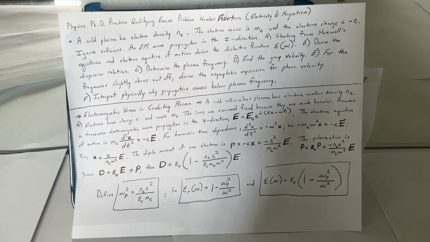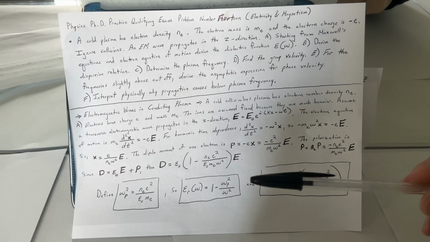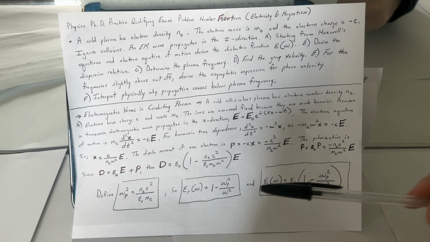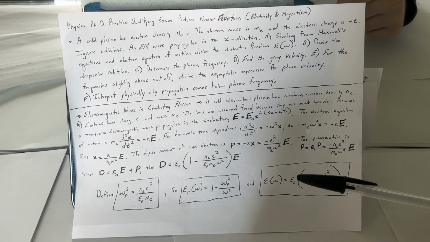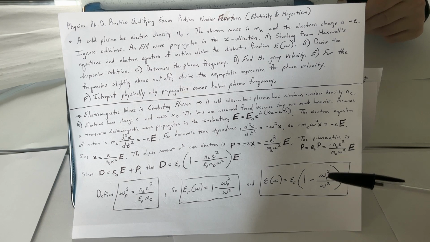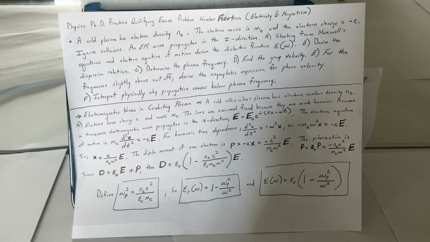So epsilon sub r of omega equals 1 minus omega sub p squared over omega squared. So epsilon of omega equals epsilon naught times the quantity 1 minus omega sub p squared over omega squared.